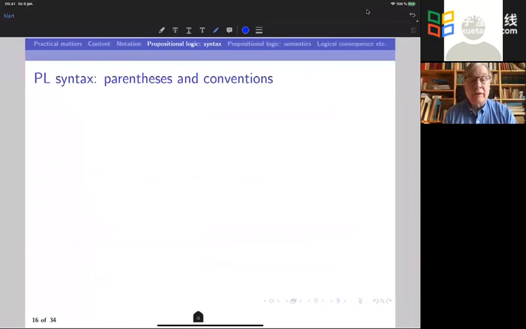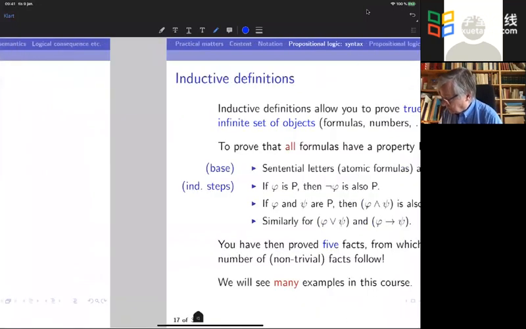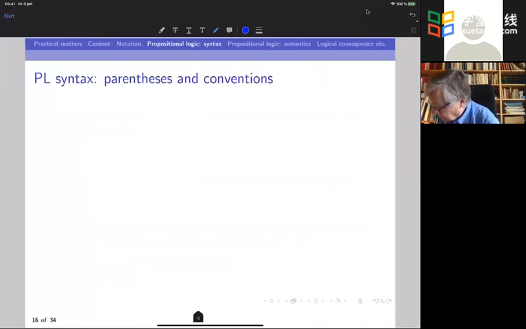Okay, now let's say something about parentheses. Suppose I write something like this. P and Q or R. Well, that is not well formed.